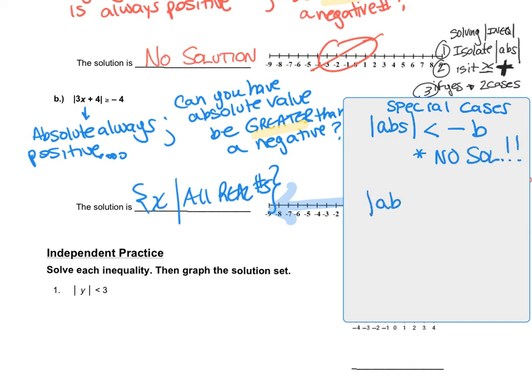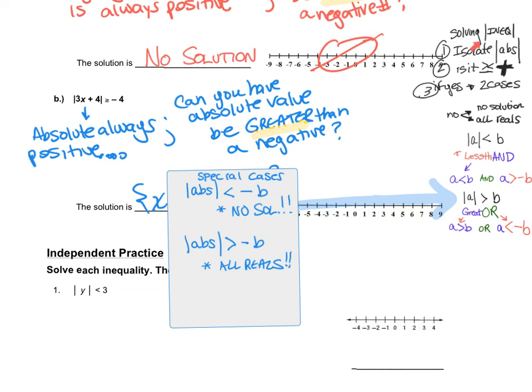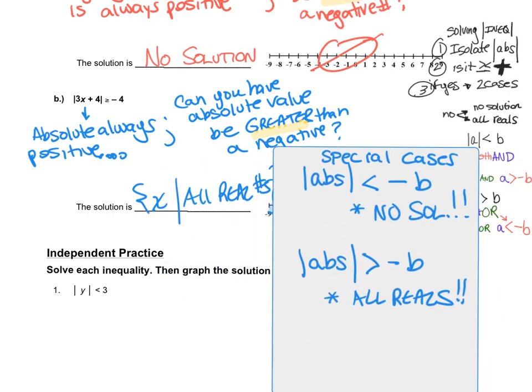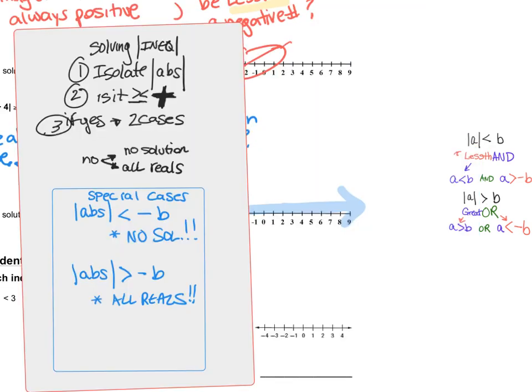If the absolute value is greater than a negative, that's called all real numbers. Those are the two special cases that we would consider when we are dealing with this part of the steps. Is it positive? If yes, you set up the two cases. If no, then you ask yourself, is it less than a negative? Then it's no solution. Is it greater than a negative? Then it's all real.